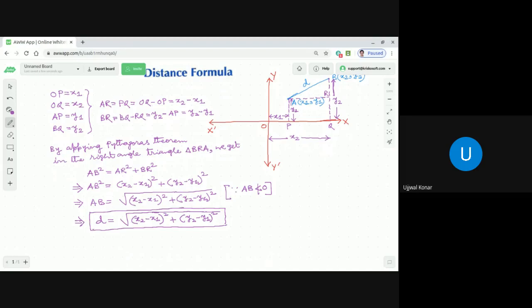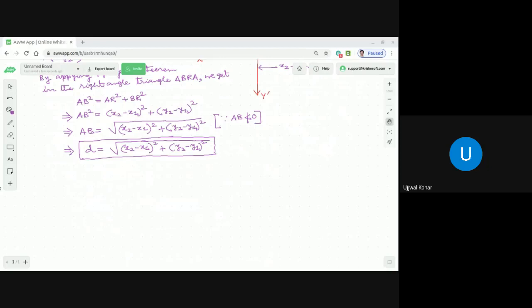Let us understand by means of an example. Then things will be amply clear. Suppose we have 2 points.